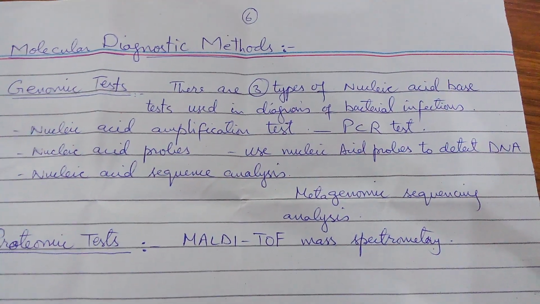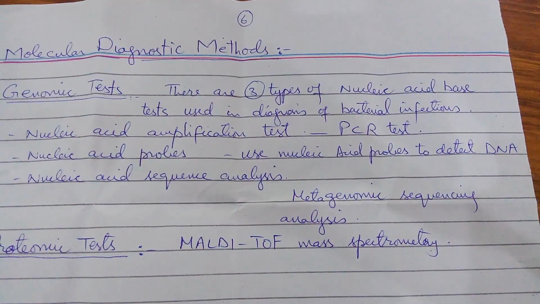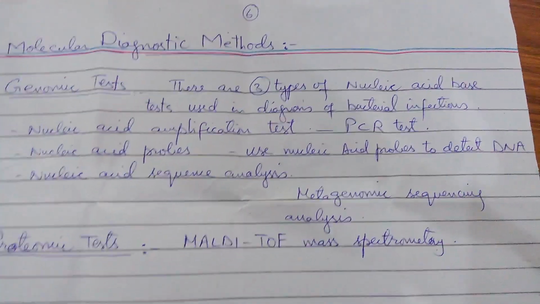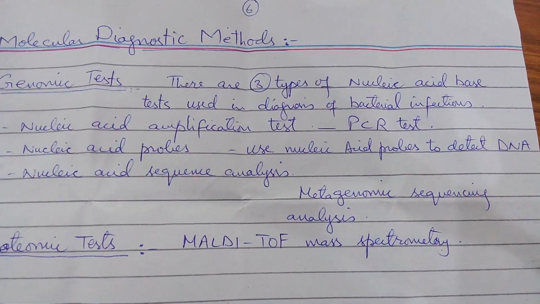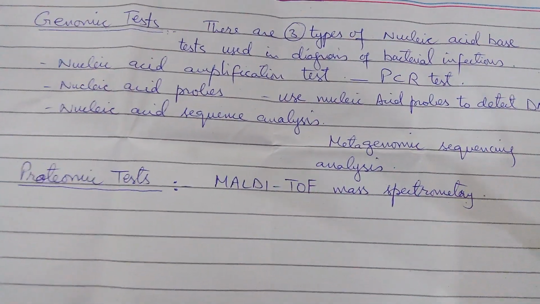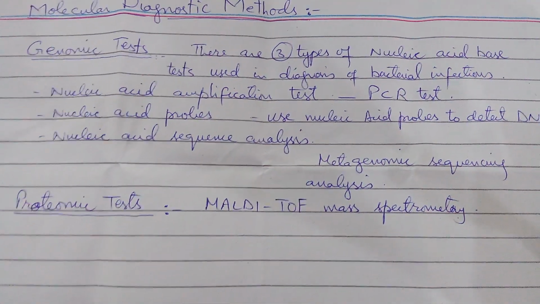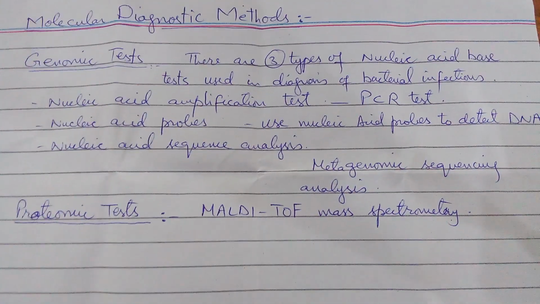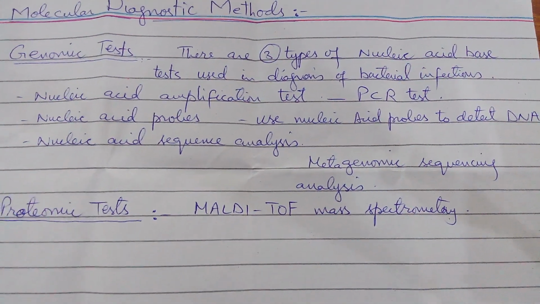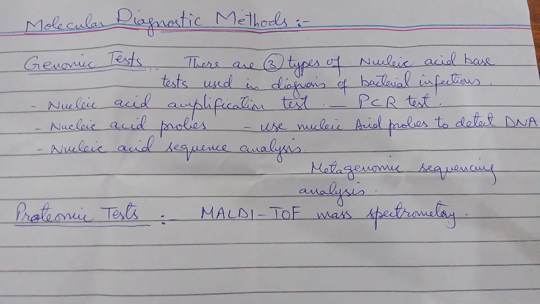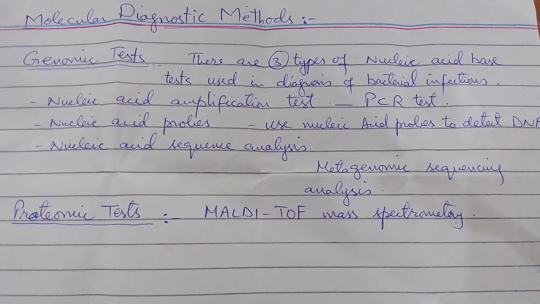Second variety of genomic test is nucleic acid probe test. In this test, nucleic acid probes are used to detect the DNA. Third, nucleic acid sequence analysis. Students, in this method, we have metagenomic sequence analysis, which is the latest in microbiological techniques.